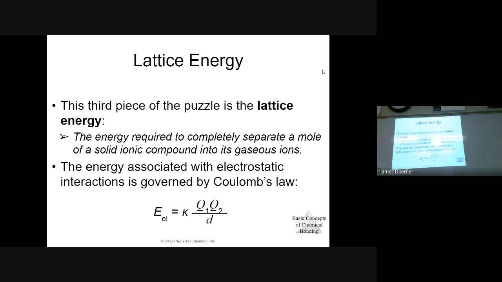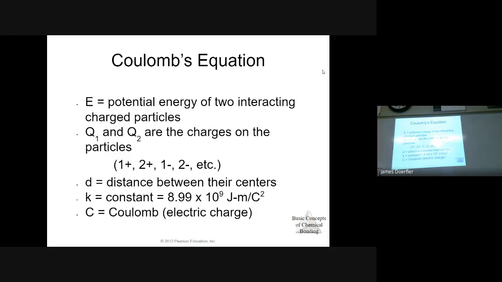Now, this is the formula that I was mentioning that we don't have to worry about actually using it mathematically, okay? So what we're going to do is we're going to break this formula down and define what each of those variables is and what is really important to us in terms of our use, okay? So E, as we see here, is the potential energy of two interacting particles.